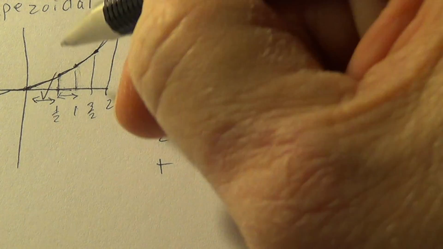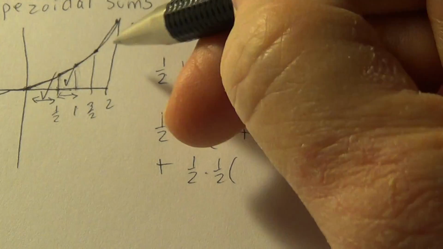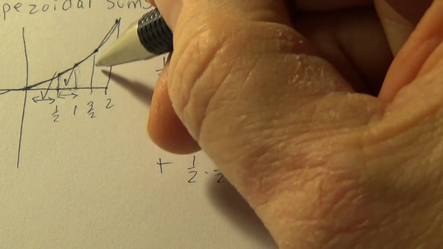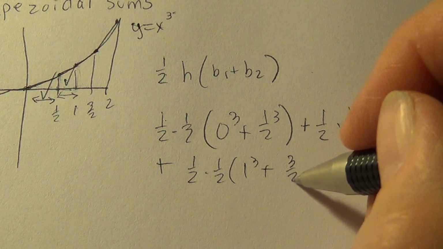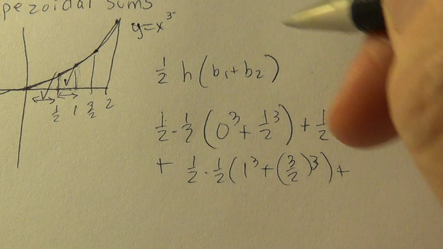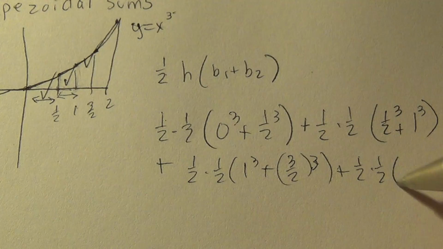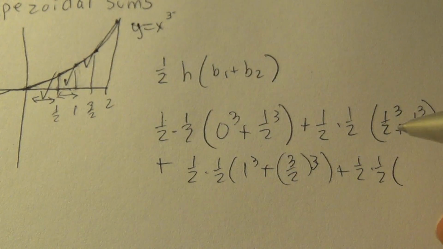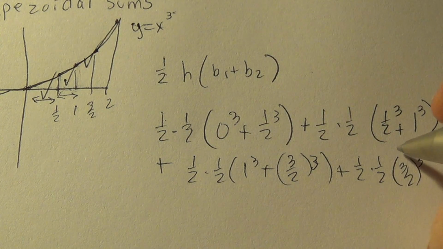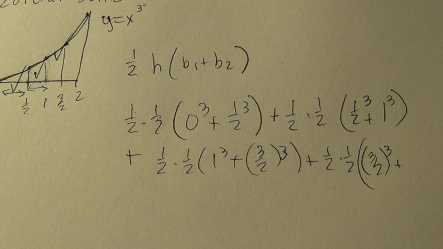Alright, plus, so I finished this one, 1/2 times 1/2, I'm going to grab this base, 1 cubed, and this base, 3/2 cubed. Then last, we have 1/2, 1/2. This base is 3/2 cubed. And this base is 2 cubed.